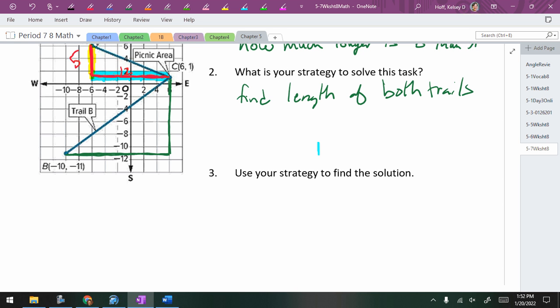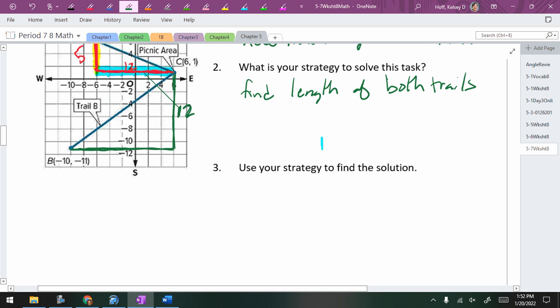How tall is that triangle? 12. And how wide is it left to right? 16.